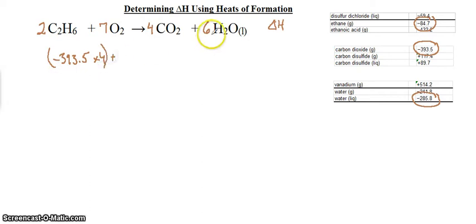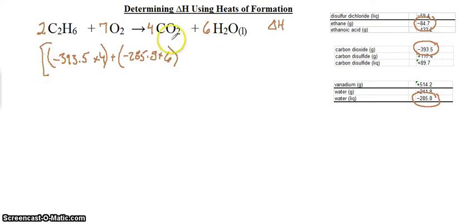And I need to add that to my other product, and so that is water, and it is liquid. So what I do is I notice, in these tables they have the physical states at times. This is the liquid formation, so that's going to be negative 285.8 times I have 6 waters.